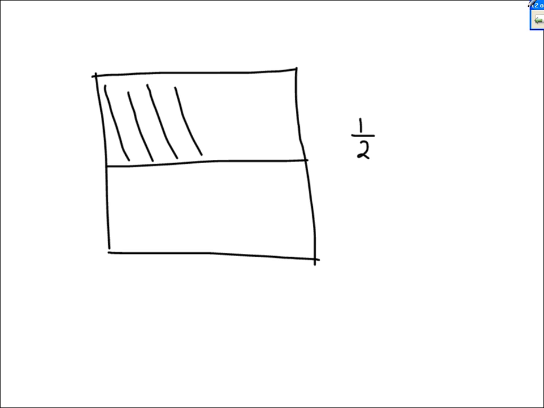Let's add up the area of this. Let's add up the top half. Suppose the whole area is 1. So this is half, and this is half. Then I take the remaining half and cut it in half. That is, this piece is 1/4, and the blank space is also 1/4.